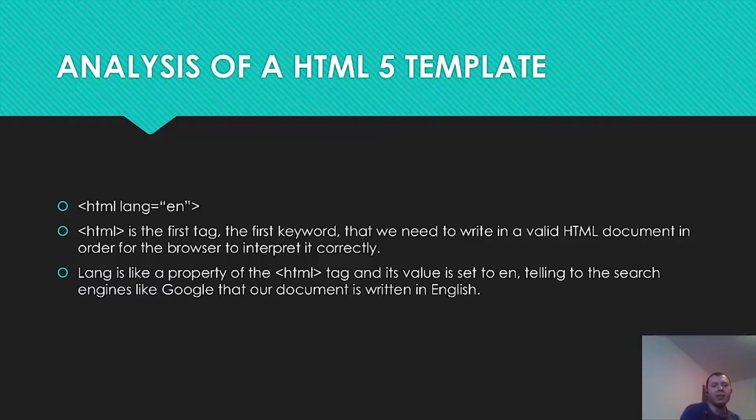This tag basically is also used by the scrapers like Google's scraper in order to determine which is the language in the document. So when you search in Google some documents about a given topic of your choice in English, that lang en will tell Google that the document is in English, and this can be useful in order to index your page better.